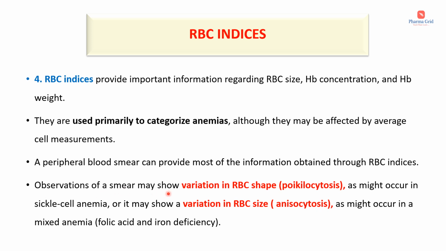Observations of a smear may show variation in RBC shape, which is known as poikilocytosis, as might occur in sickle cell anemia, or it may show a variation in RBC size, which is known as anisocytosis, as might occur in a mixed anemia, as in case of folic acid and iron deficiency anemia.